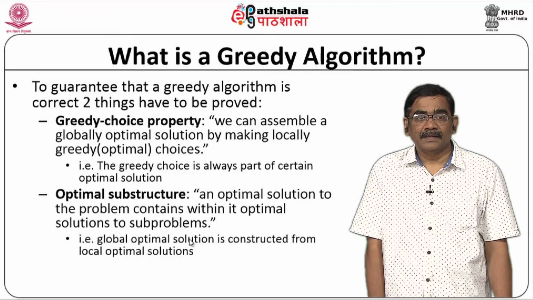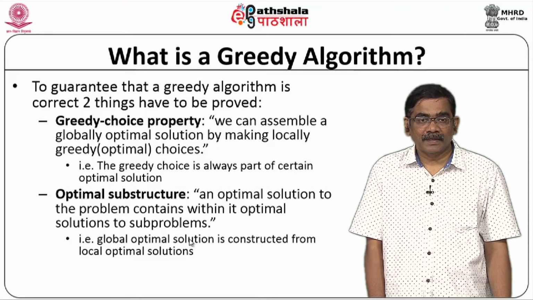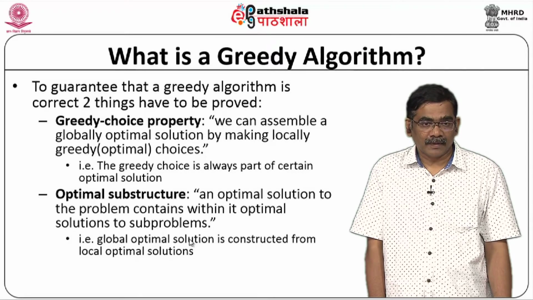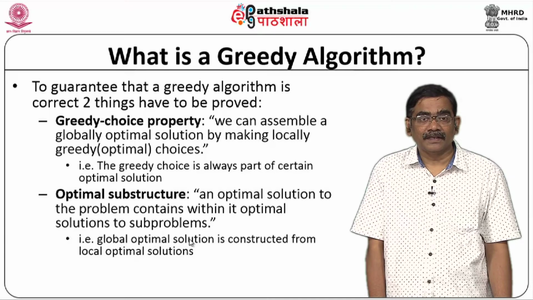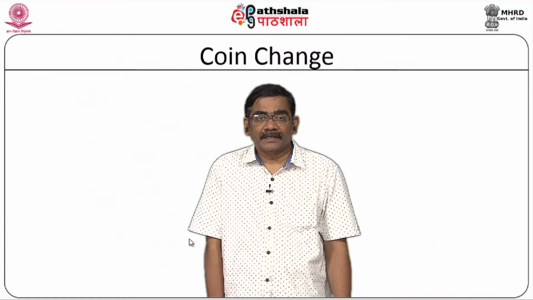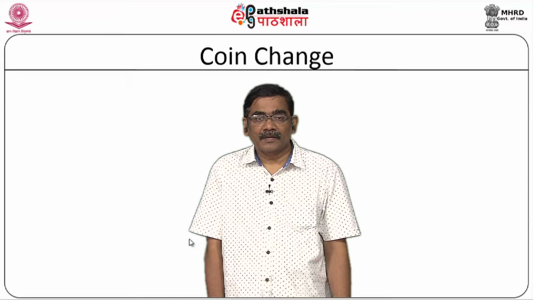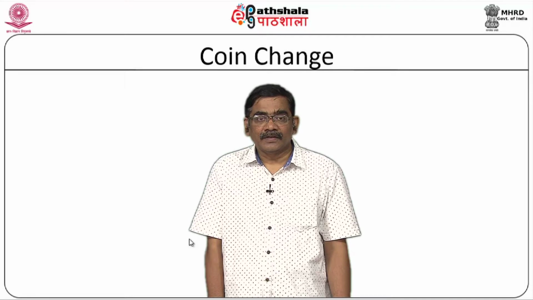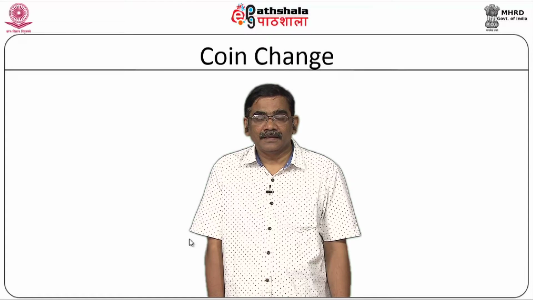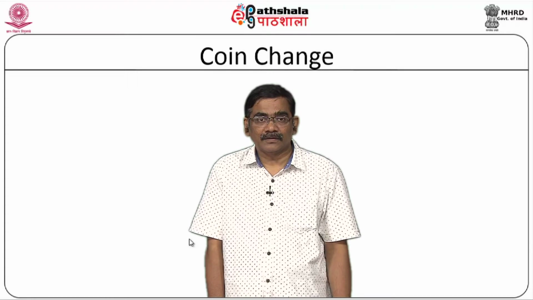That means, the solution constructed for the global problem is also optimal with regard to the subproblems that are contained within. Fine. So, we have seen the theoretical concept. Let me recap. You have an objective function. You have certain feasibility criteria. Now we are going for selection, then checking feasibility, then adding that to the solution.